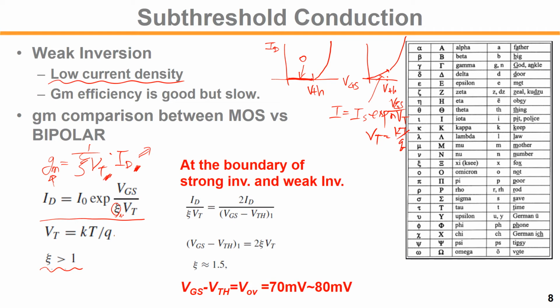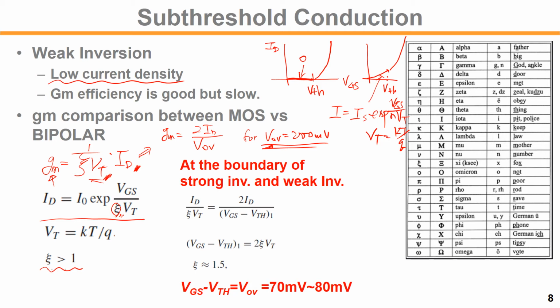If you compare with the GM in strong inversion, which is 2ID over the overdrive voltage, for an overdrive voltage VOV around 200 millivolt, if you compare this and that, there is quite an order of magnitude difference.